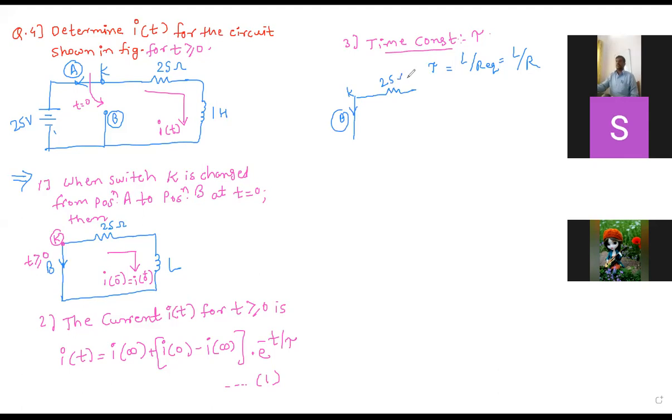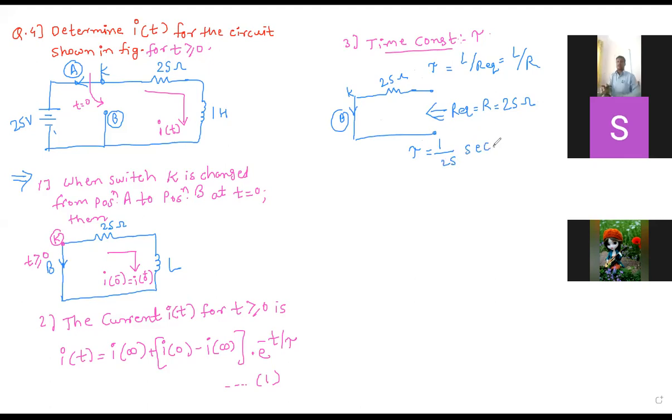The resistor will be 25 and the inductor you have to open. So you have to observe the R equivalent. R equivalent is nothing but only R, and that is 25 ohm. So the tau value is L, which is 1 Henry, divided by R equivalent, that is 1 by 25 second.